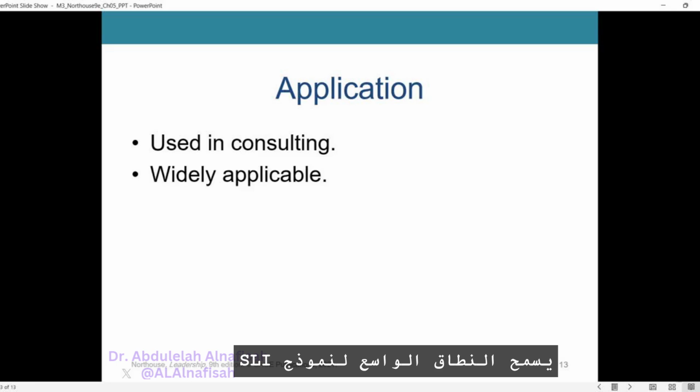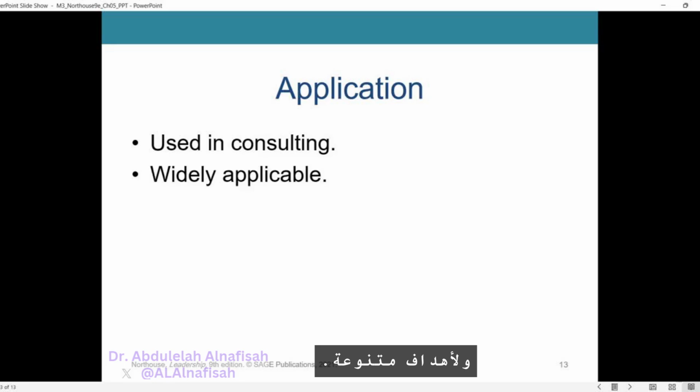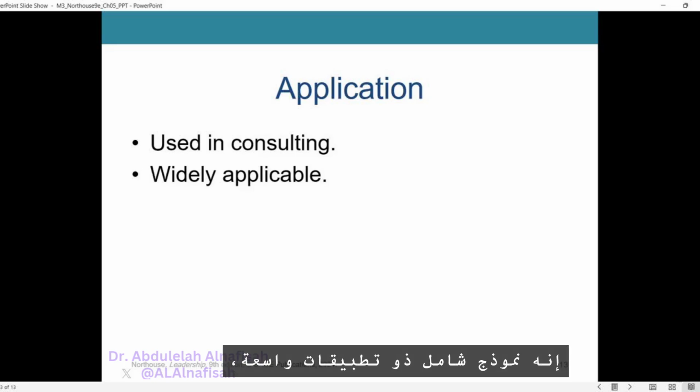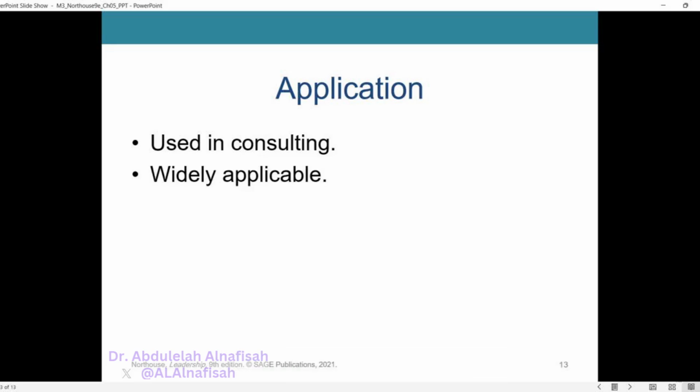Blanchard's SLII model's broad scope allows for its application in diverse organizations at any level and for a wide range of goals. It is an inclusive model with extensive applications, making it a valuable tool in leadership and organizational settings.